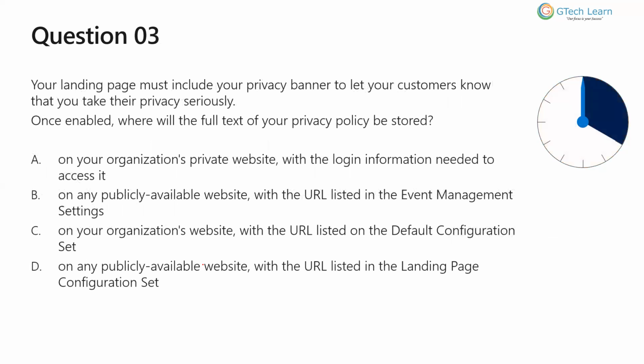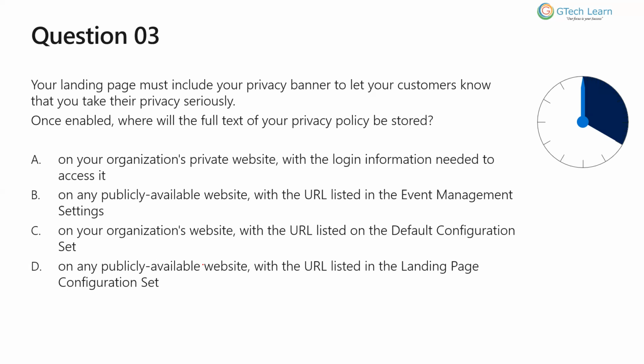The next question in line is: your landing page must include your privacy banner to let your customers know that you take their privacy seriously. Once enabled, where will the full text of your privacy policy be stored? Option A, on your organization's private website with the login information needed to access it.